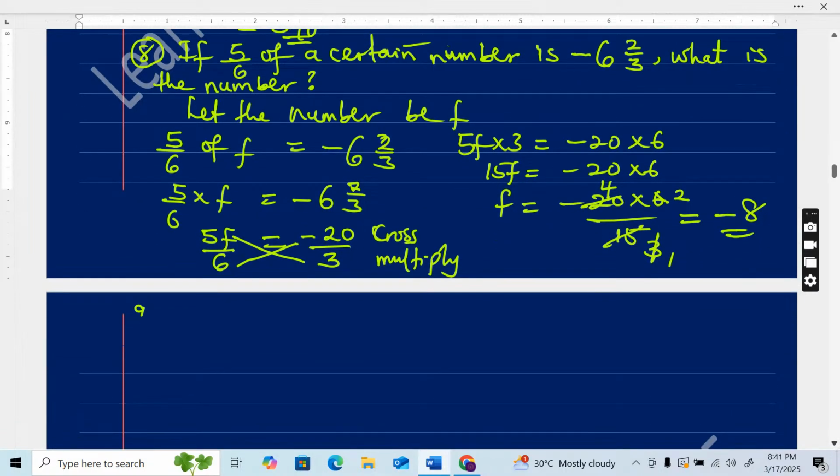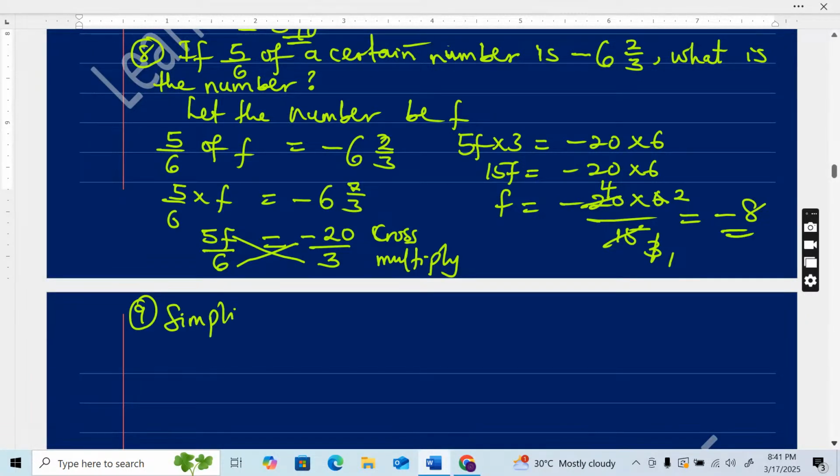Now let's move on to question 9. This question 9 is going to take our time a bit, so make sure you pay attention.